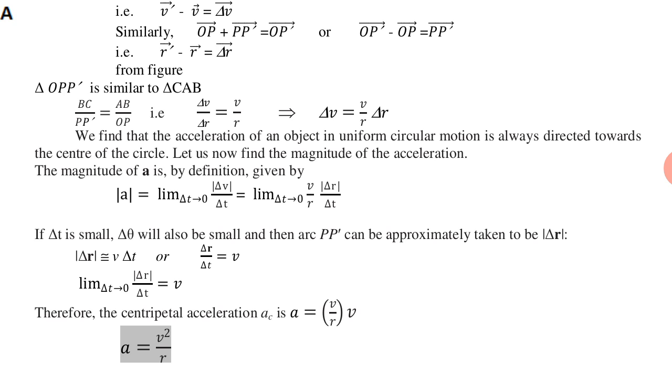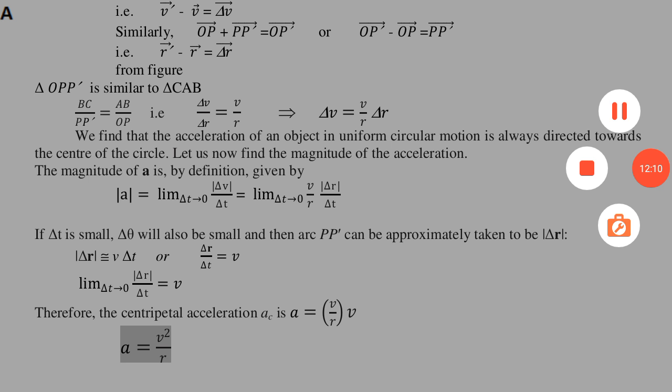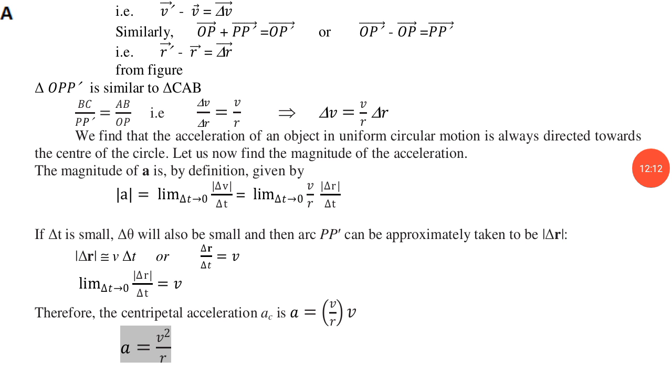Okay, so now we are getting the final expressions here. See, we find that the acceleration of an object in uniform circular motion is always directed towards the center of the circle. Let us now find the magnitude of the acceleration.